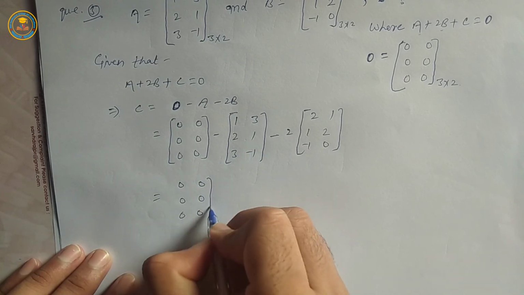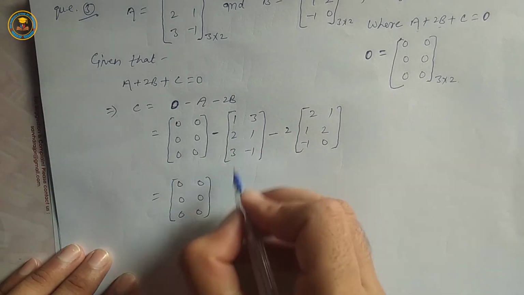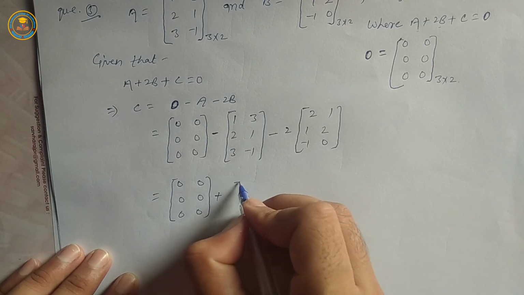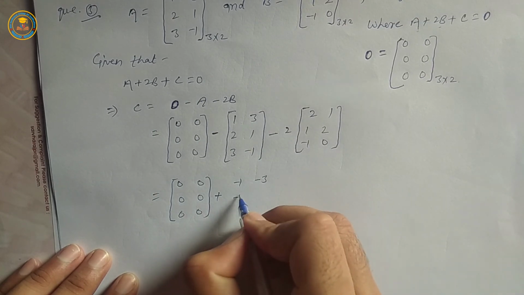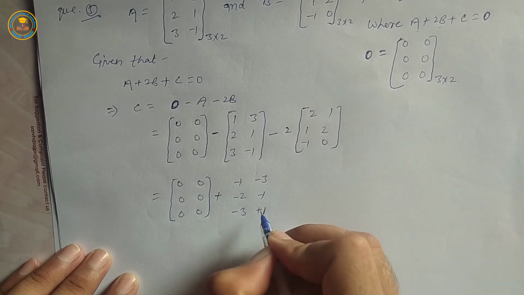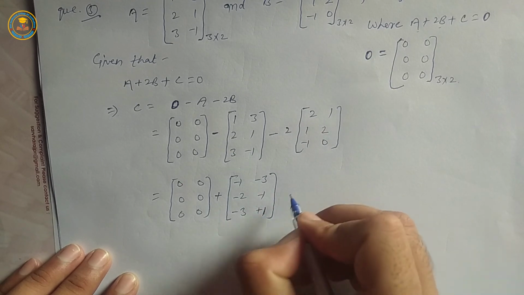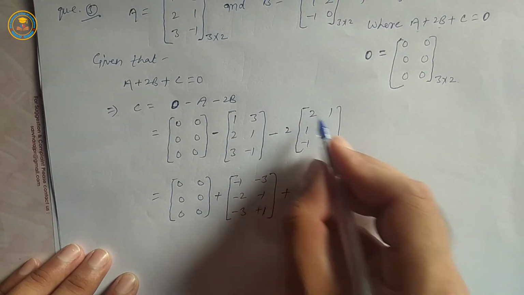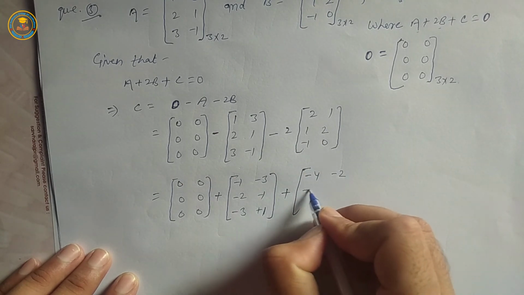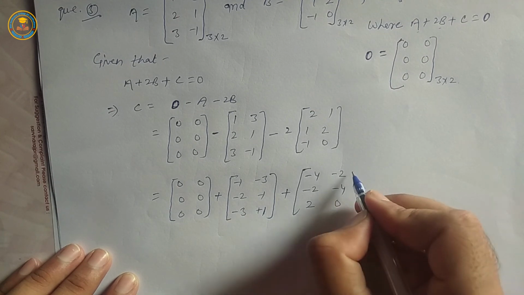is equal to 0 0 0 0 0 0, minus 1 multiplied, plus -1, -3, -2, -1, -3, 1, plus -2 times, -2, -4, -2, -2, -4, 2, 0.